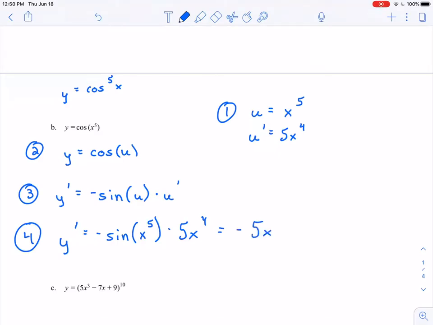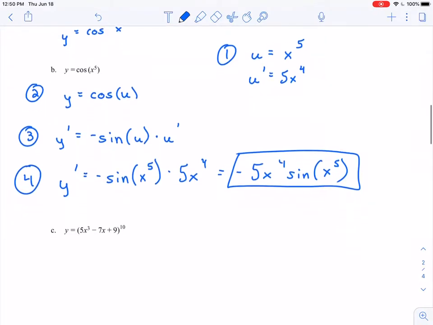Negative 5x to the 4th sine of x to the 5th. But as long as you make it clear that we're multiplying those two things, I don't necessarily need to see you rewrite it. As long as it's clear that we're multiplying these two things and this 5x to the 4th is not inside of your sine function, then we'd have a big problem. So there is my derivative.